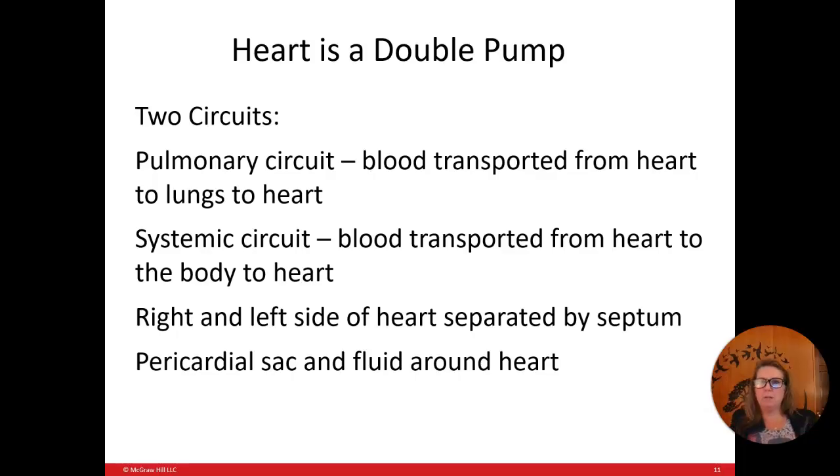The term pulmonary is alluding to the lungs. So for example, if you have chronic bronchitis or asthma or emphysema, you would go to a pulmonologist. So think about pulmonary meaning lungs. This is the blood being transported from the heart to the lungs and then of course back to the heart.